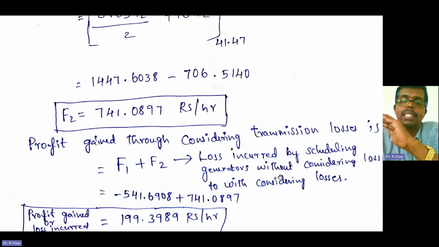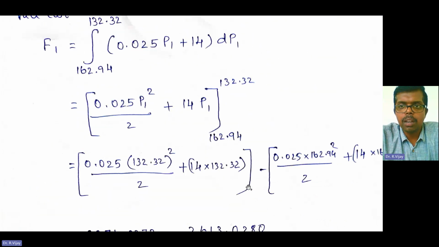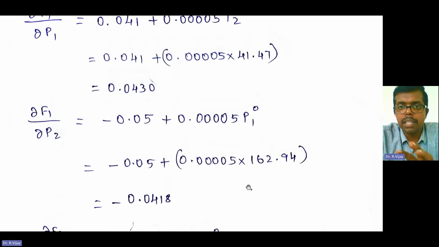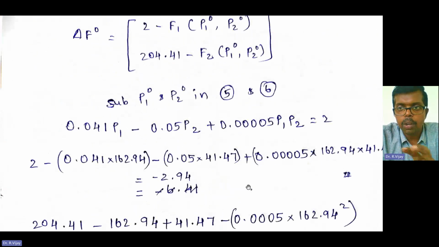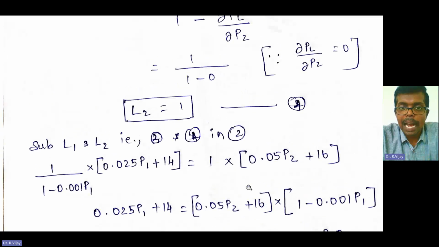If the question is asked in either direction, you need to change the calculation. That is how you need to do this problem with the transmission losses. You need to be very, very careful and read the data in advance. If you solve this problem blindly, the answer may go wrong.